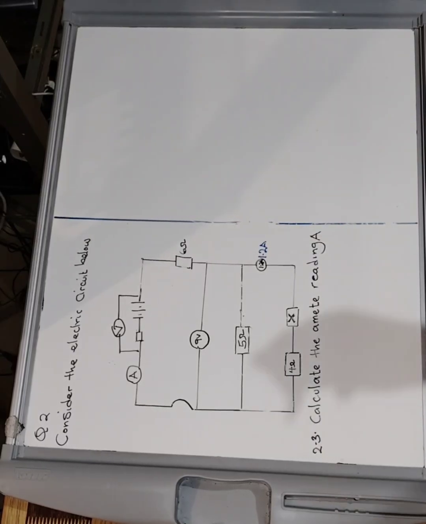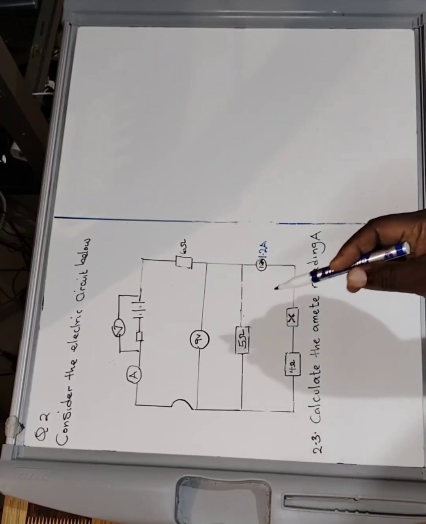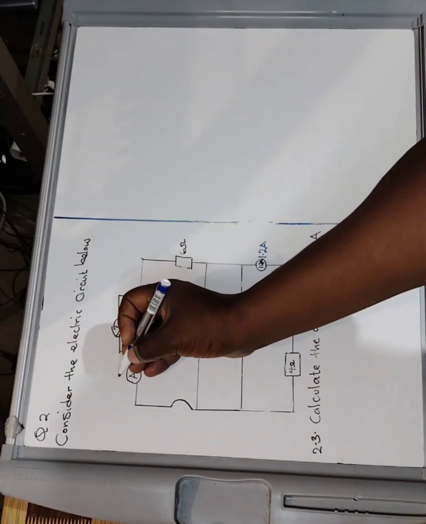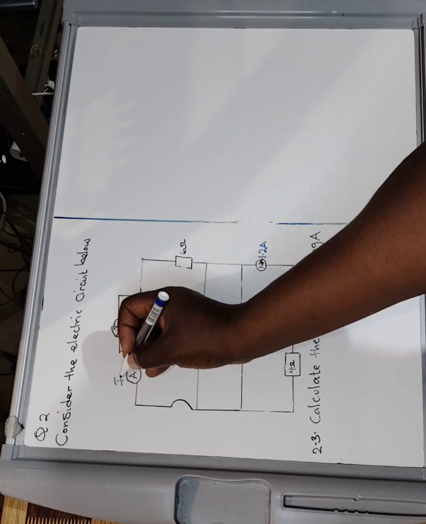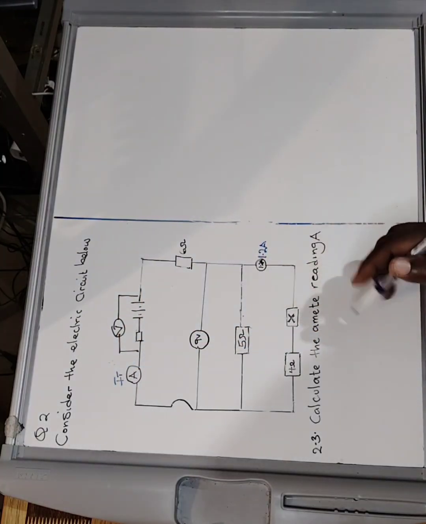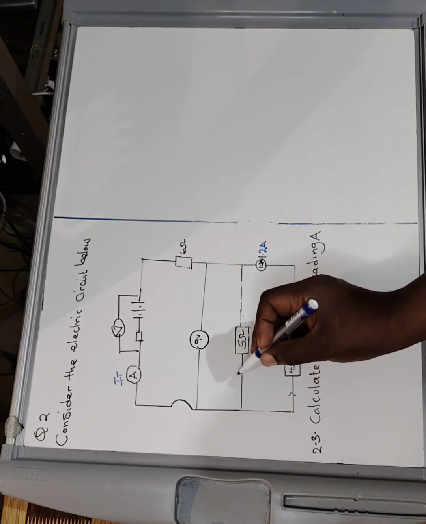Okay. Then comes this question. It says, calculate the ammeter reading A. Now, if you look, our A is in the main body. So A reads I total. But you have to know that I total is made by a combination of this one and this one.